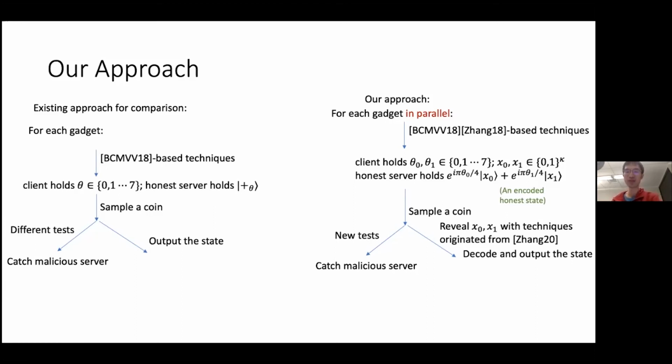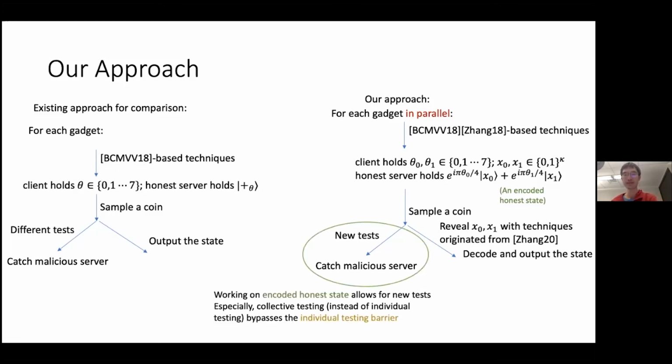Furthermore, we bypass the barriers in the following way. Since our approach applies to each gadget in parallel, in the design of these new tests, we can test all the gadgets collectively instead of individually.